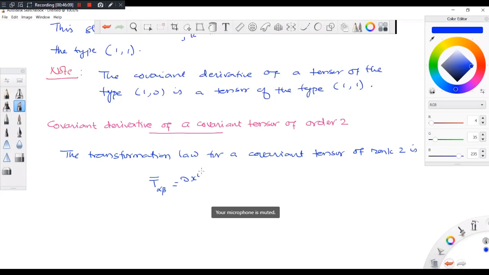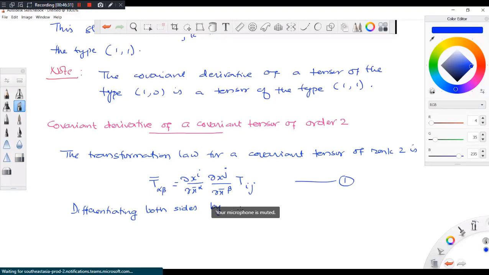So call this 1. So now differentiating both sides by x bar gamma. Alpha beta gamma I am taking, that's all. You can take ijk, then you have to change that. Okay, x bar gamma we get.